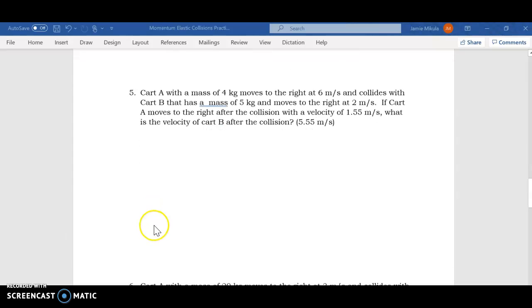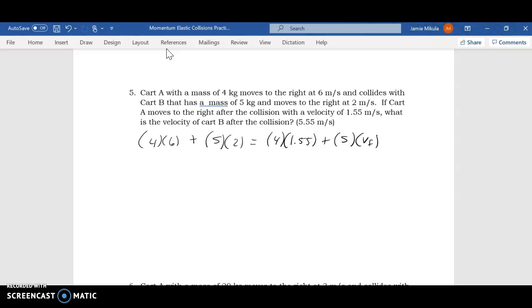Okay, number 5, mass 4 moves to the right at 6. The other mass is 5, moves to the right at 2. So after the collision, car A, the 4, moves to the right at 1.55, and it wants to know what is the velocity of the second one after.